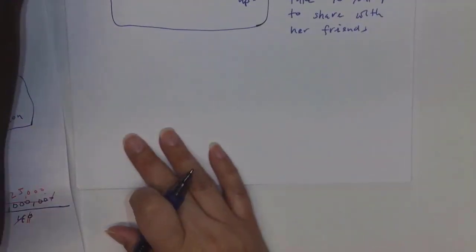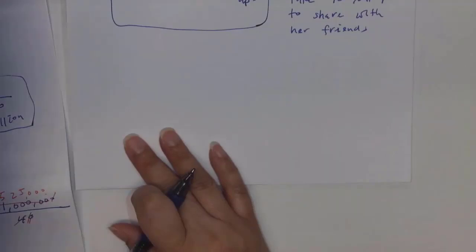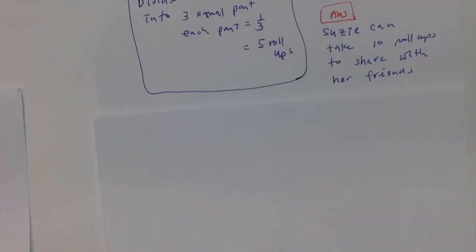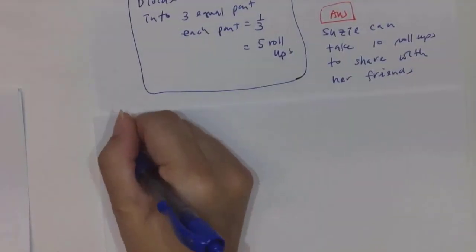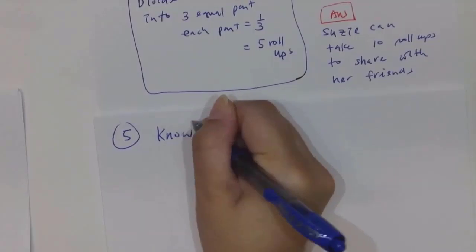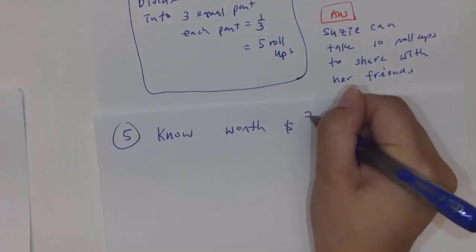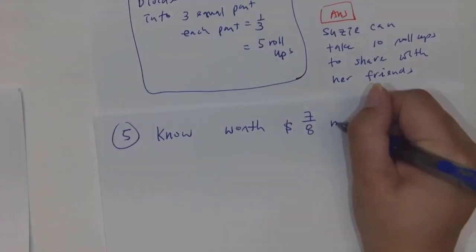The total value is 7/8 of 1 million, right? So less than 1 million. Alright, so number 5, we know the business is worth 7/8 of a million. What else?